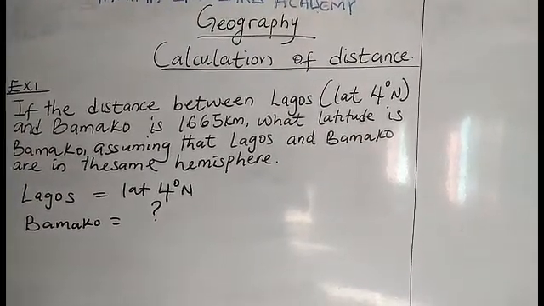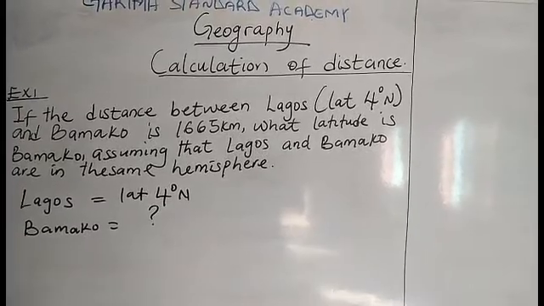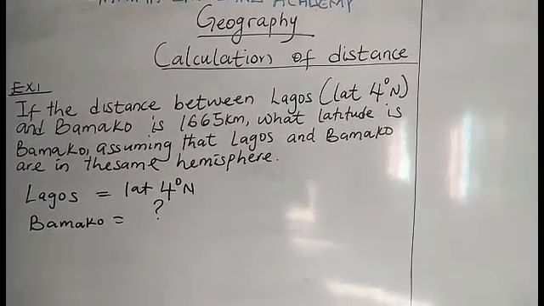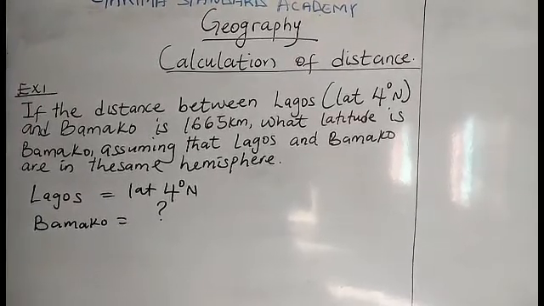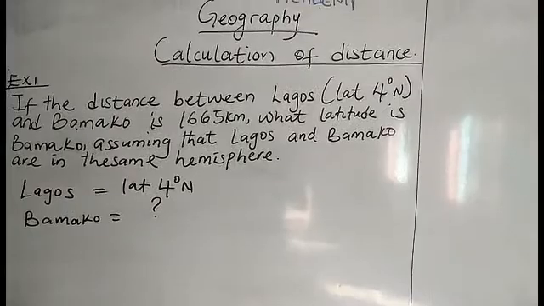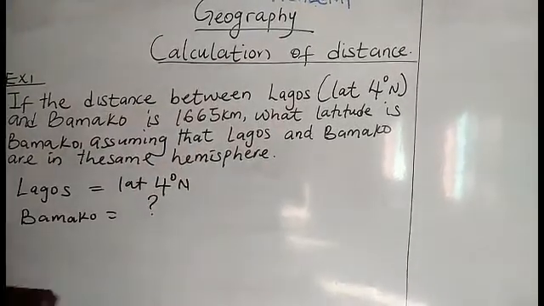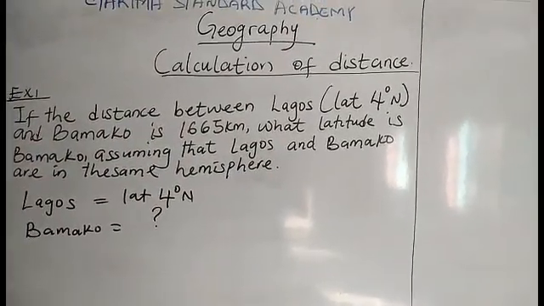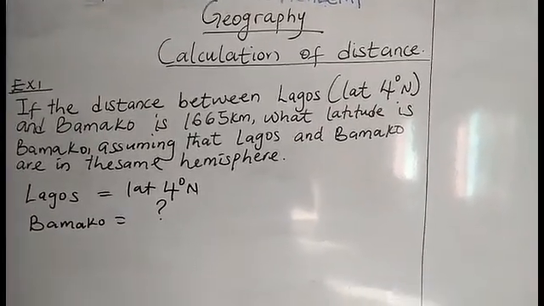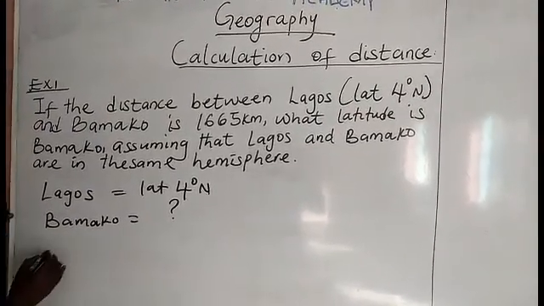The next step is to find the latitude differences. So we have Lagos, but we do not have Bamako. So we can't actually find the latitude differences. Rather, we find differences in distance.